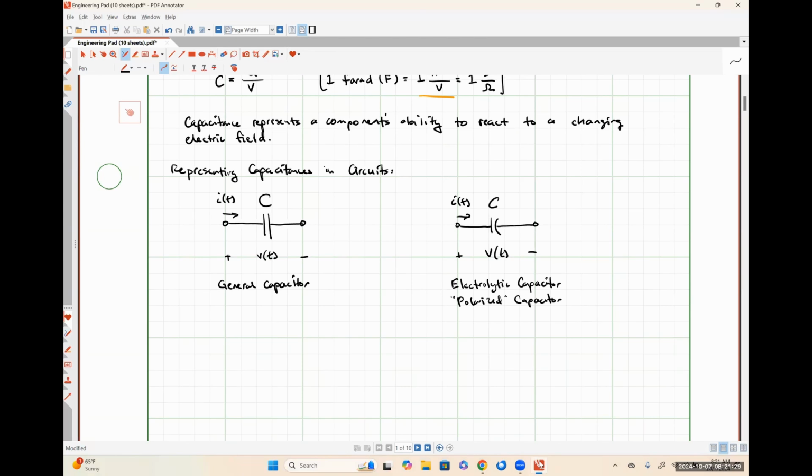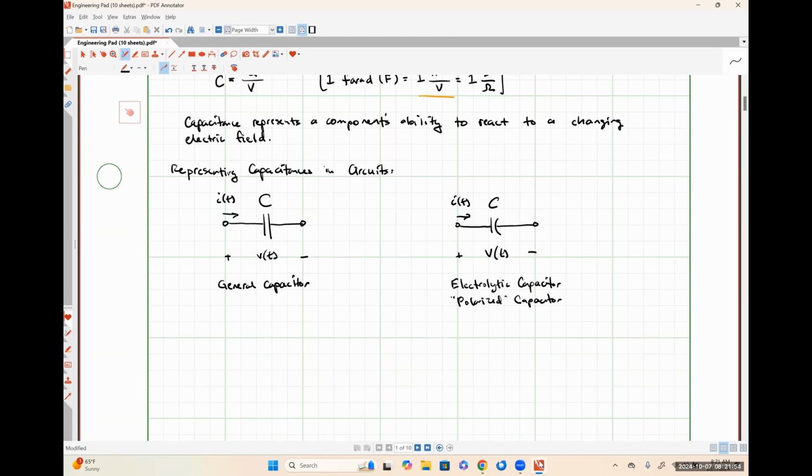Some people use these two symbols interchangeably. As far as the math goes, it literally doesn't matter. But technically speaking, the flat line, curved line represents an electrolytic capacitor on a correctly drawn schematic diagram. So I just wanted to bring that to your attention.